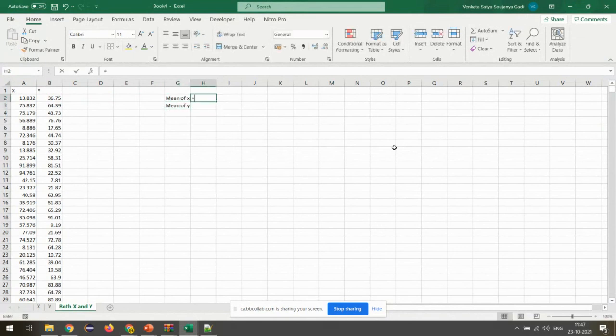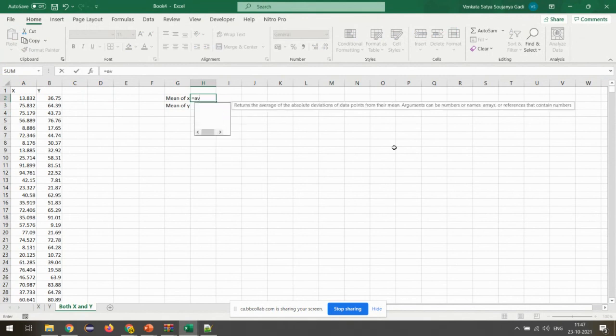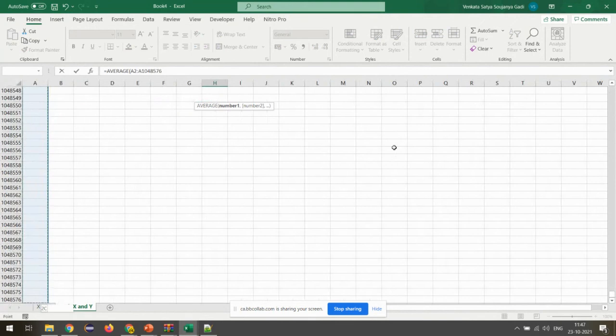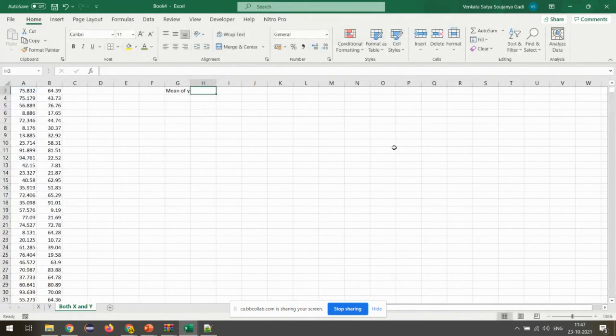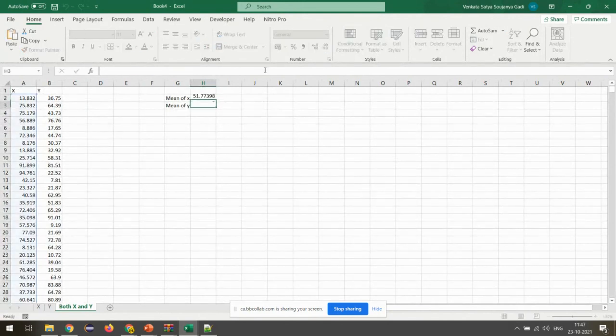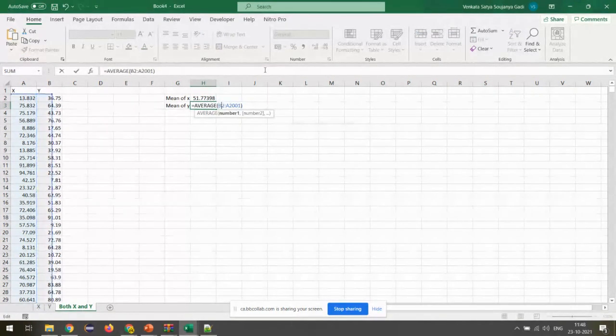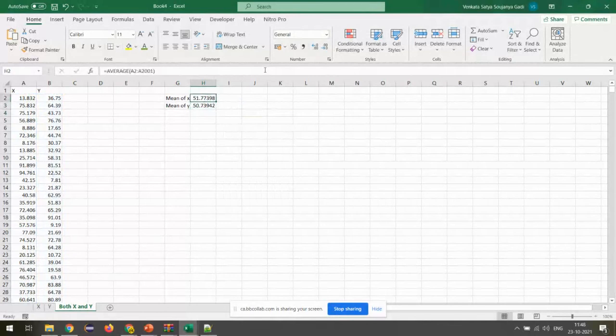Mean of x is equal to the average of the whole column, and this one is the average of the B column. This is the average of x, this is the average of y.